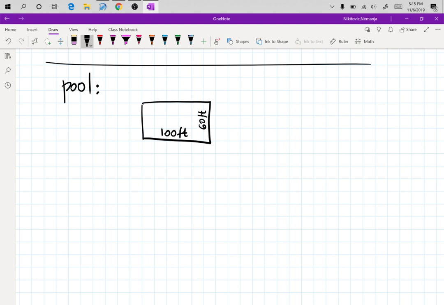Now, we want a concrete walkway around it. So this is the pool, and this over here is concrete.